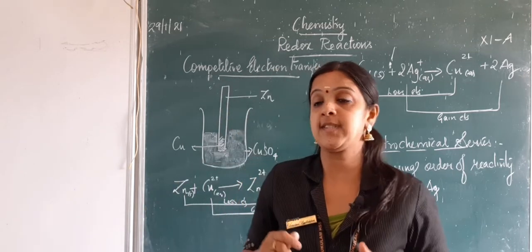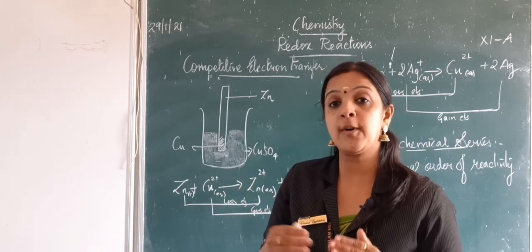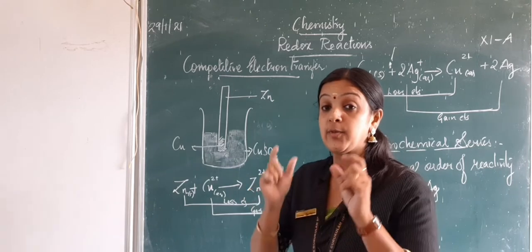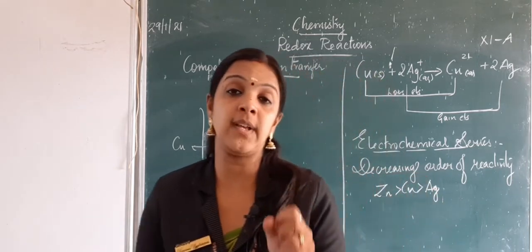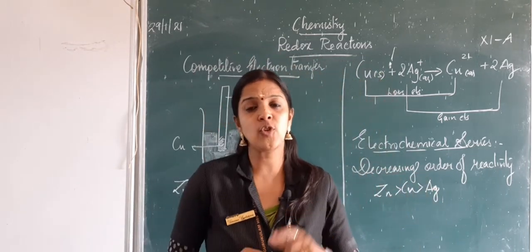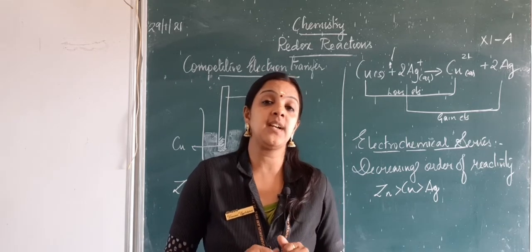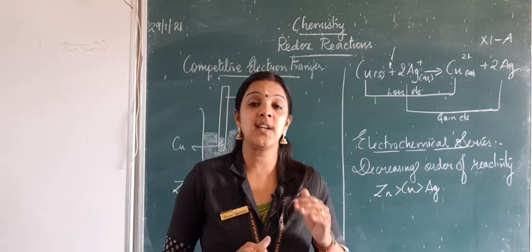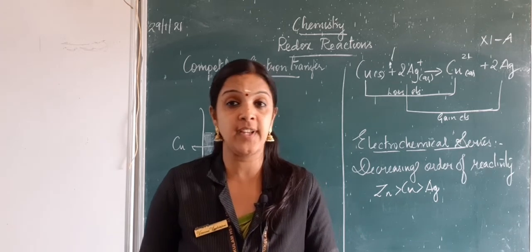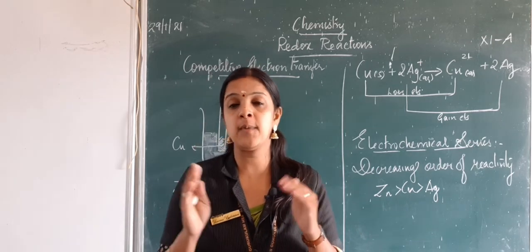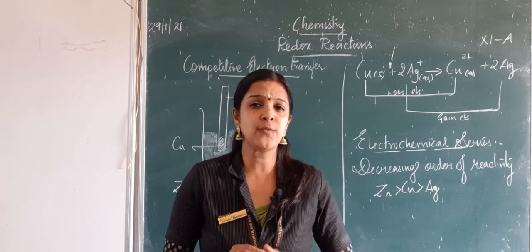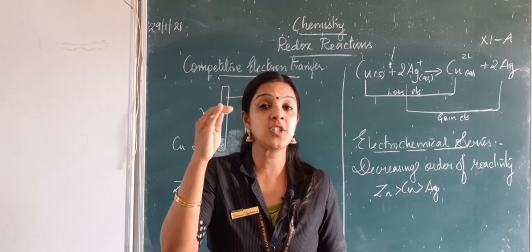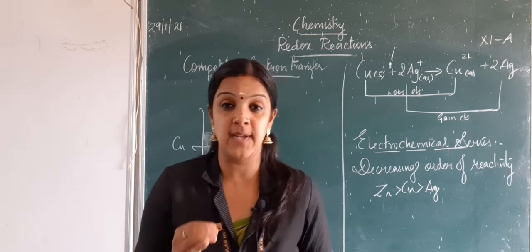Now to be more specific, when we were talking about electron transfer, we have competitive electron transfer which takes place in electrochemical reactions. In electrochemistry, we used to study in 10th standard about the series of metals which are arranged in the decreasing order of their reactivity. If you can remember children, we have some 12 to 15 metals which are arranged in the decreasing order, where hydrogen was kept as a reference metal.